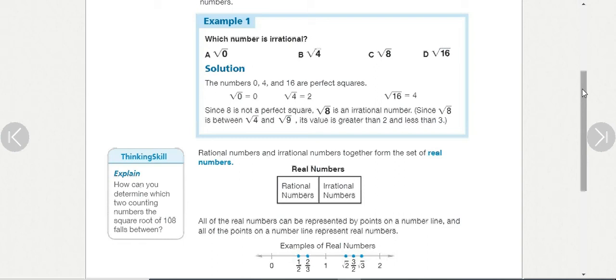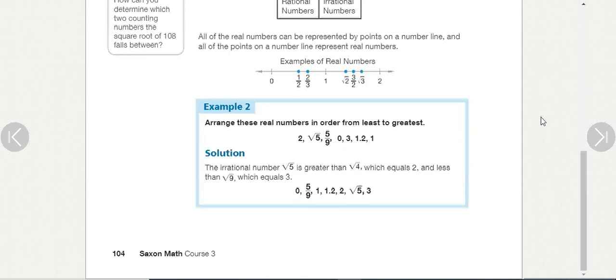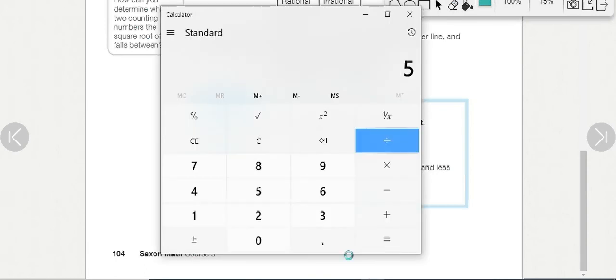All right. And lastly, we could order these least to greatest, deciding 0, of course, is the least. And then the way I would do this is I would go 5/9. Well, 5 divided by 9.